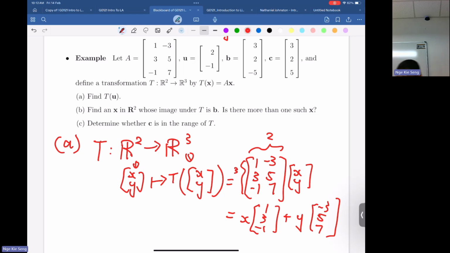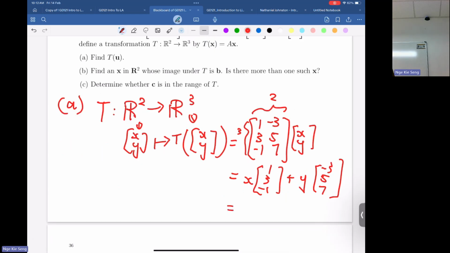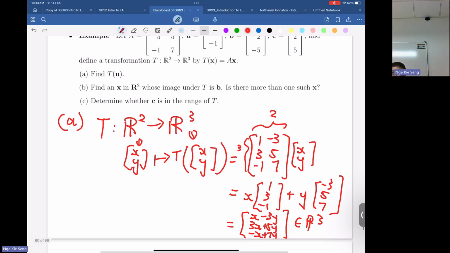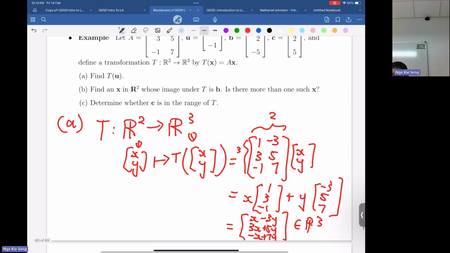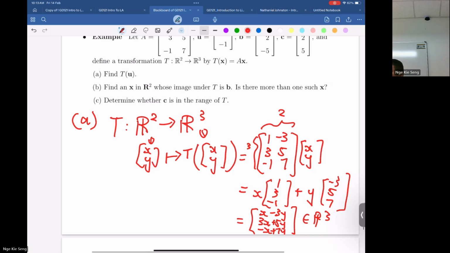Right, because using the two vector operations you get x minus 3y, 3x plus 5y, and minus x plus 7y. So this is an R3 element. This is one way to get a transformation.